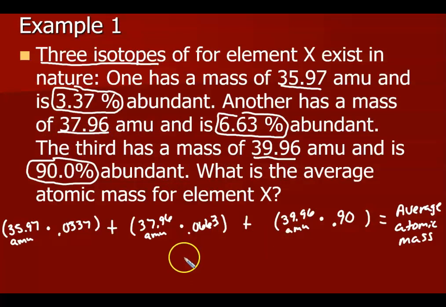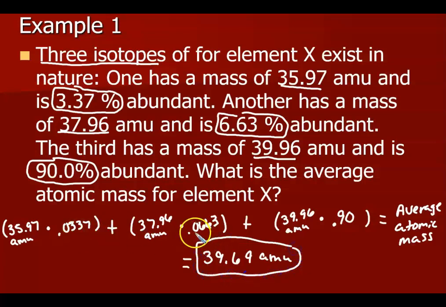So we're going to go out 2 decimal places with this mass. So this should be 39.69 AMU. So if we had 2, we would do it twice. If we had 3, you do it 3, 4, etc. They just get bigger. Depends on how many isotopes the atom has.